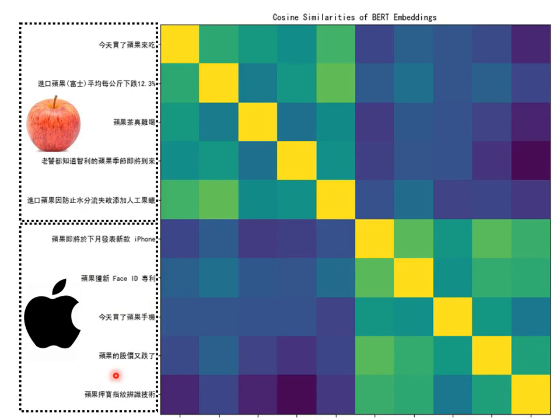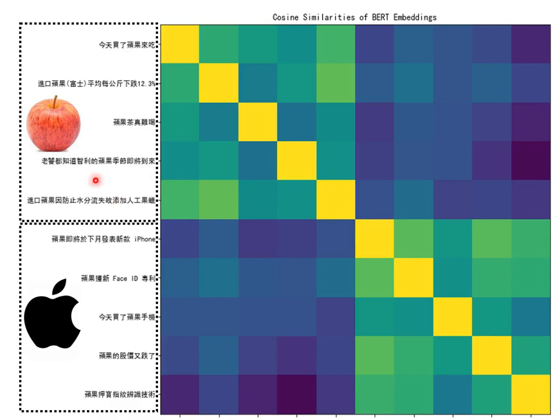There are 10 apple. Calculate the similarity between each pair and get a 10 times 10 matrix. Each grid here represents the similarity between embeddings of 2 apple. Then you will find that the apple in the first 5 sentences is close to yellow. The higher the calculated value is, the lighter this color is. So, the degree of similarity between me and myself must be the biggest. The degree of similarity between me and others must be smaller.